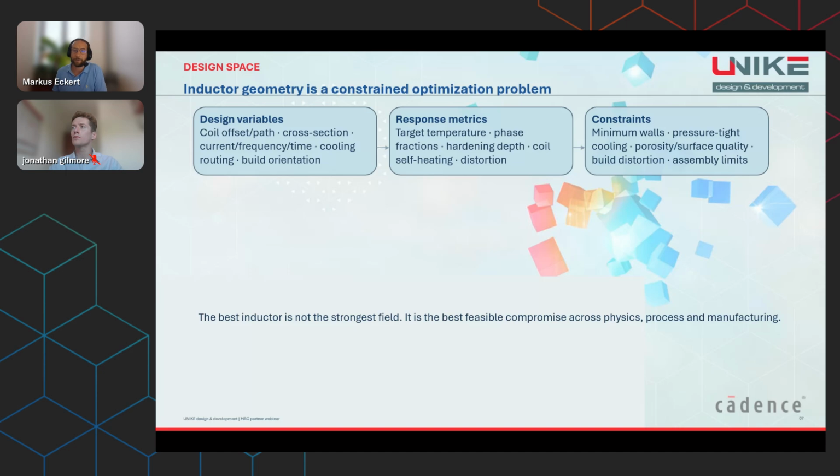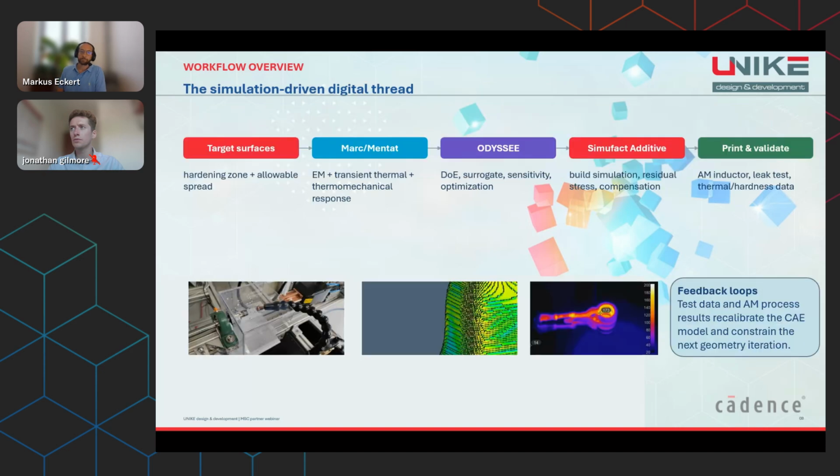And we have hard constraints such as minimum wall thicknesses, leak tightness, surface quality, porosity, build volume, and assembly limits. One important point is that the strongest magnetic field is rarely the best design. A very aggressive field can overheat edges, overload the coil thermally, or force a geometry that cannot be printed or sealed. The goal is therefore a robust functional optimum inside the constrained design space.